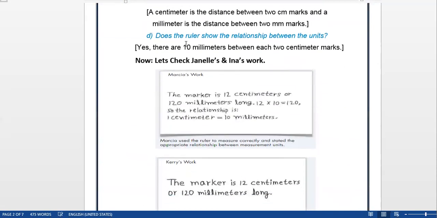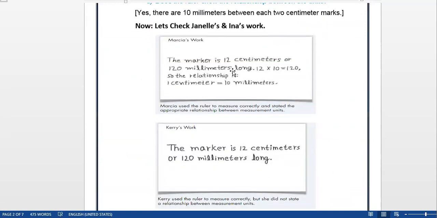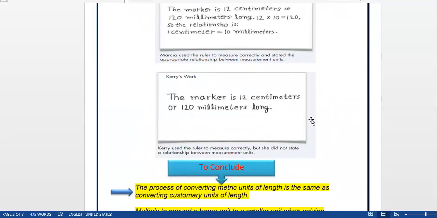Our friend said the marker is 12 centimeters. Is it the same as your length? Great. The marker is 12 centimeters. That's right. And because each centimeter has 10 millimeters, it's 12 times 10, which is 120 millimeters. That's right. Great.